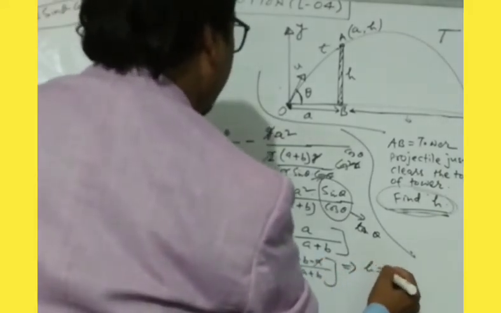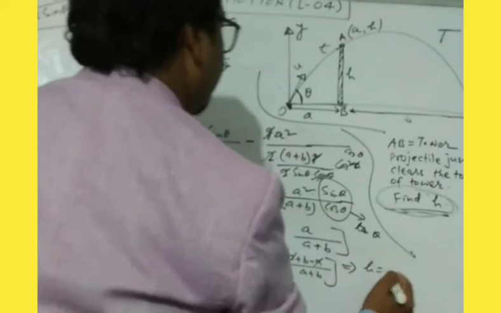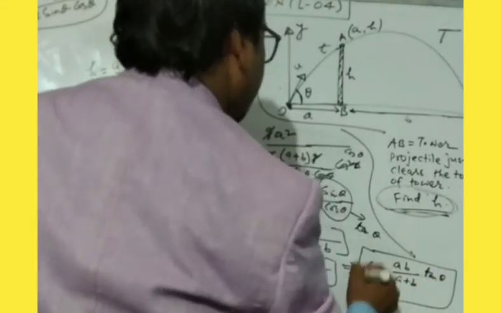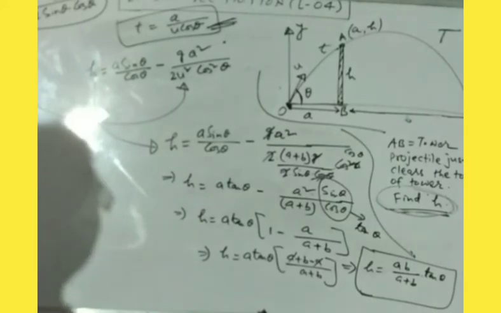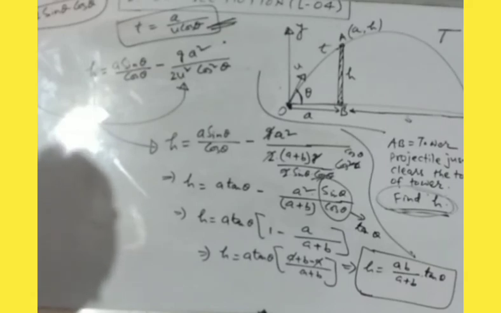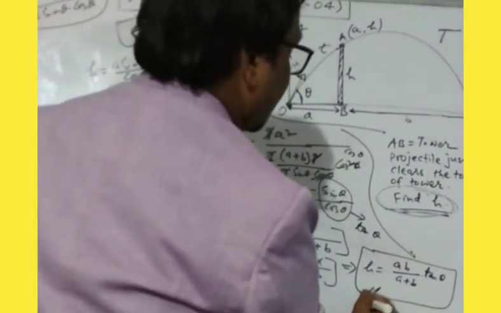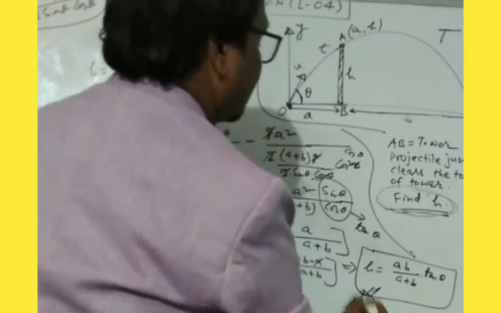Finally h equal to ab upon a plus b tan theta. This is the expression for the height of the tower, that is h, and this is the same as in method 1. Okay dear. So this is your final answer. Just note it down.